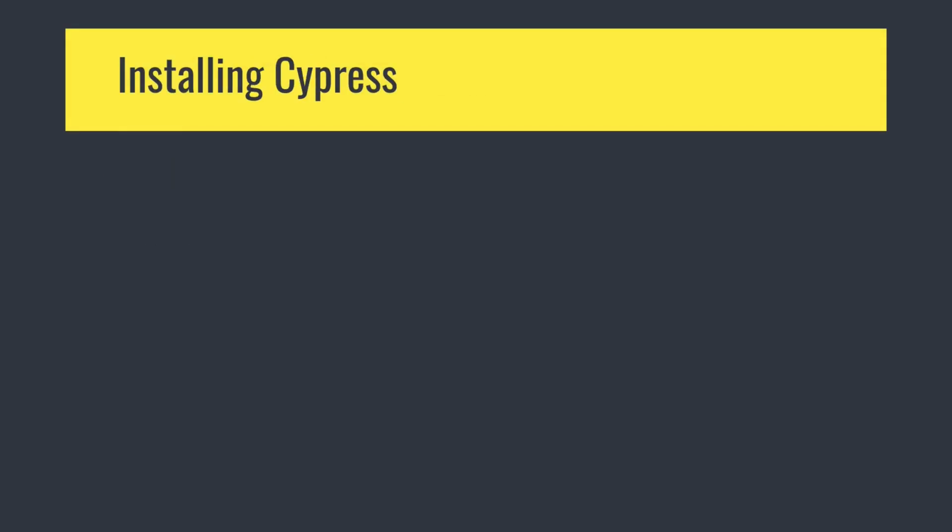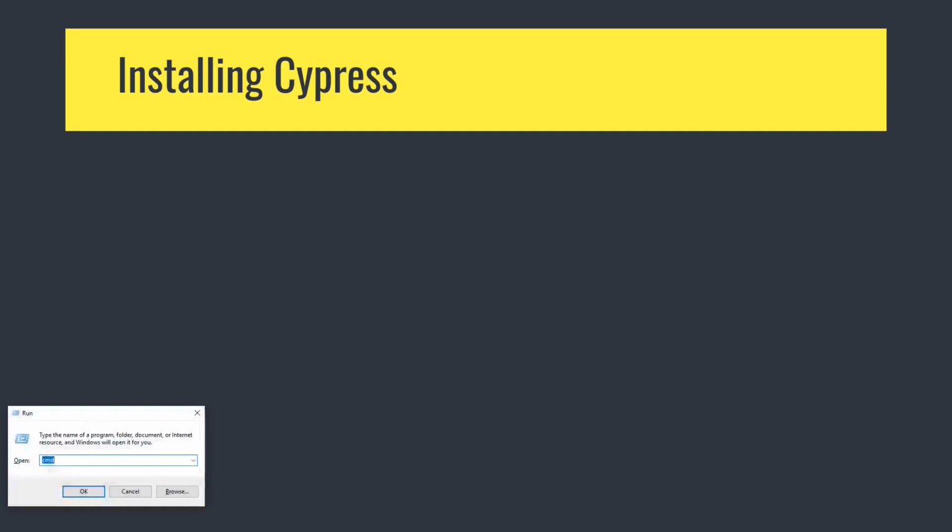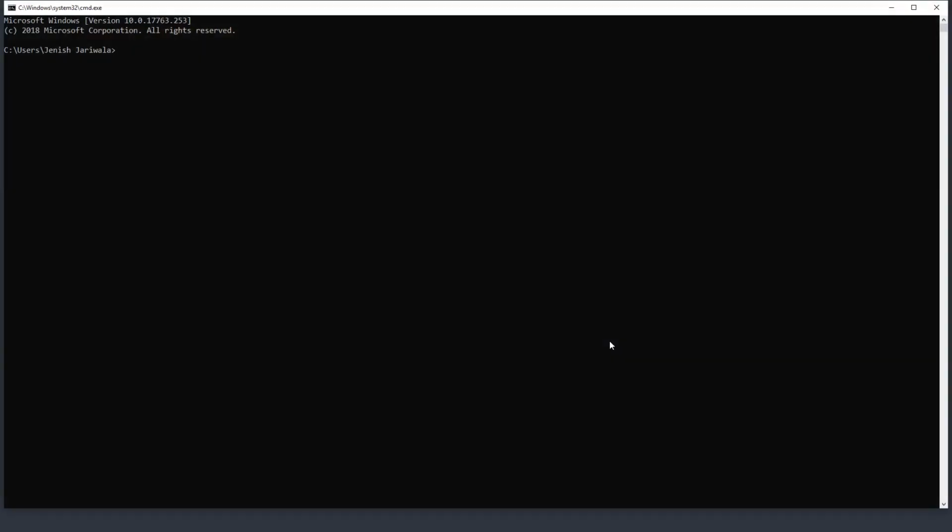Now it's time to install Cypress. So let's create our project folders. You can create the folder from a command prompt or Windows Explorer. I will be using the command prompt.